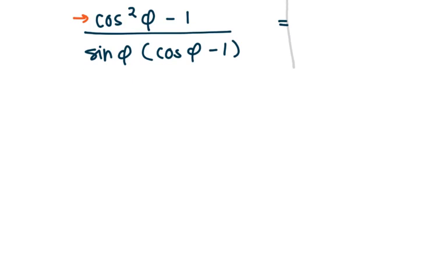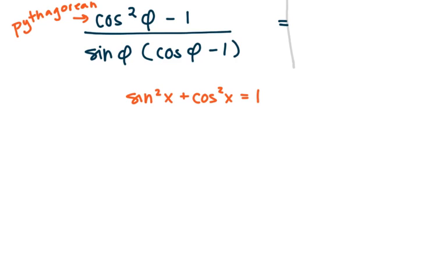Most of you are probably thinking that this looks like a Pythagorean identity. Is it specifically a Pythagorean identity? What do we know our Pythagorean identity to be? We know that sine squared x plus cosine squared x equals 1.